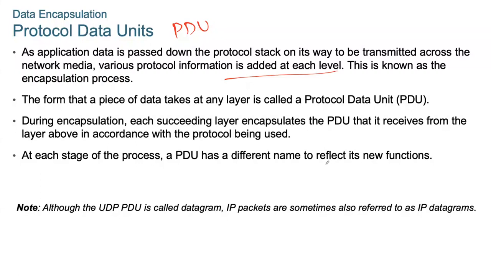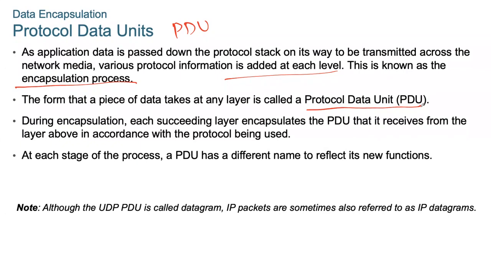This is known as the encapsulation process. The form that a piece of data takes at any layer is called the protocol data unit, but different names are given for different layers to easily identify them.